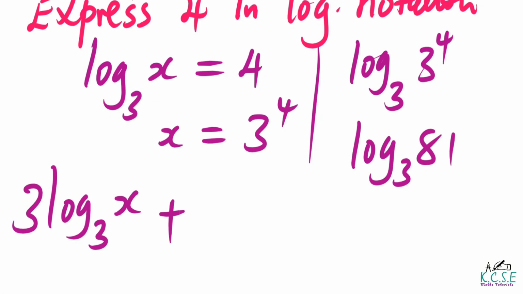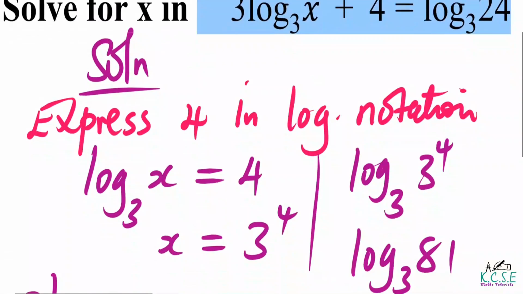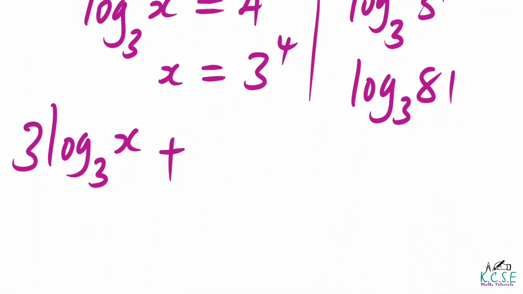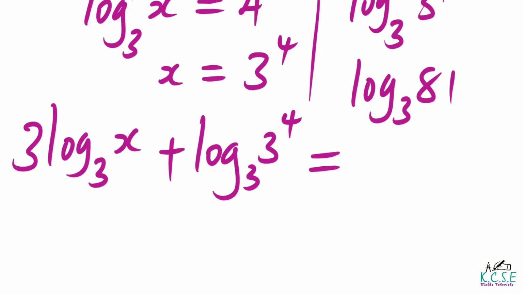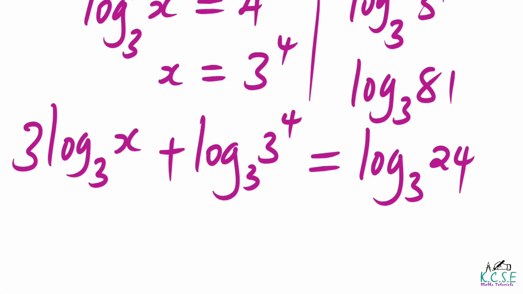We obtain, writing that in logarithmic notation, logarithm base 3 of 3 raised to the power 4, is equal to logarithm of 24 base 3. Now everything is expressed in logarithmic notation.